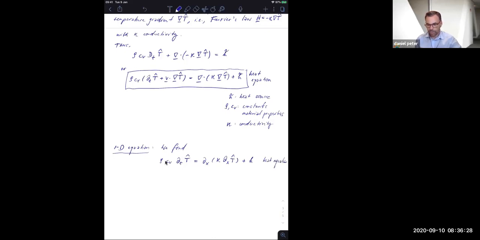Let me just quickly put down the wave equation as well, so you can compare it. And the wave equation, we didn't use U, we used S for displacement. It looked like that.